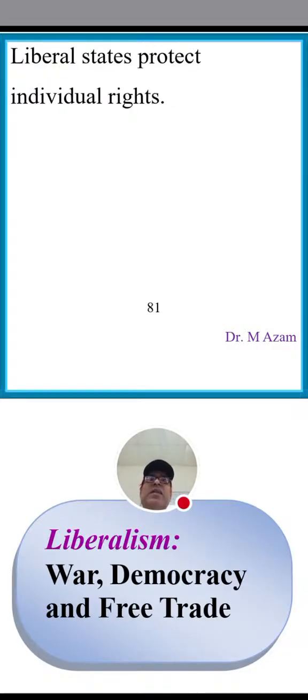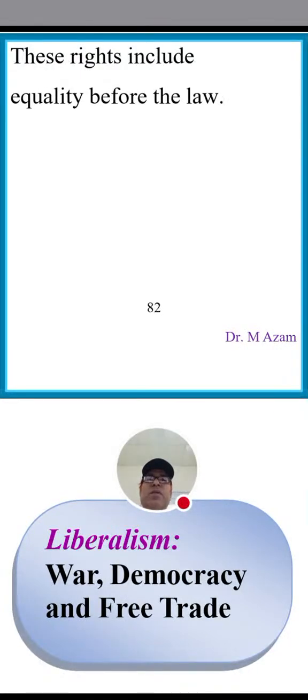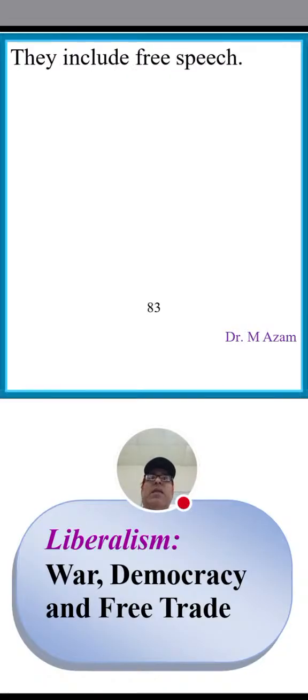Liberal states protect individual rights. These rights include equality before the law, free speech, freedom of expression, and civil liberties, for example freedom of movement, freedom of education, freedom of business, freedom of job, freedom of marriage.